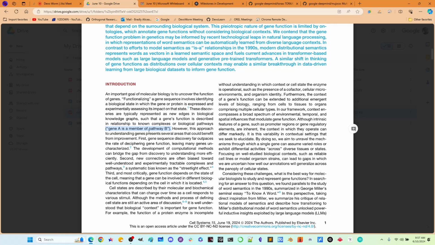That leads us to our probabilistic model, where we build a distribution of what gene A is doing: how often is it a member of pathway B, how often is it a member of pathway C, and so forth. It may be that it's a member of pathway B about half of the time. And the other half of the time, it's either quiescent, meaning it doesn't do anything, or it's involved in other pathways.